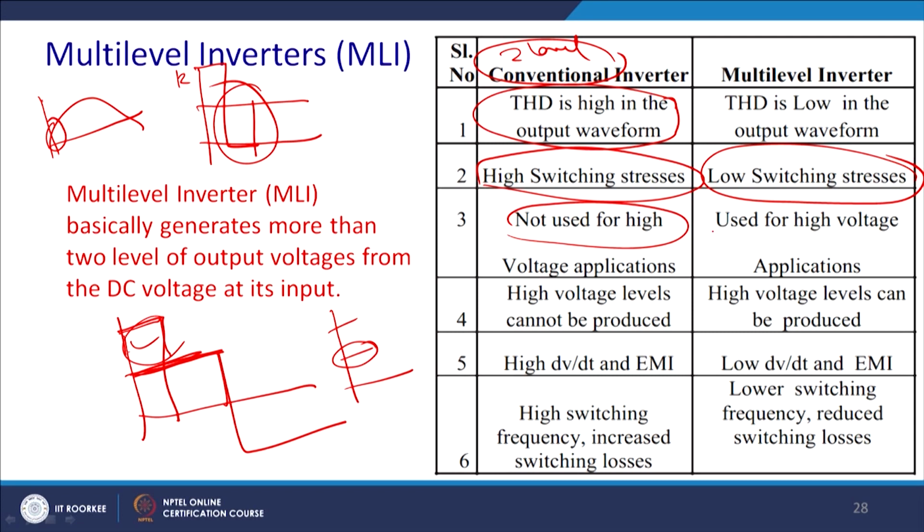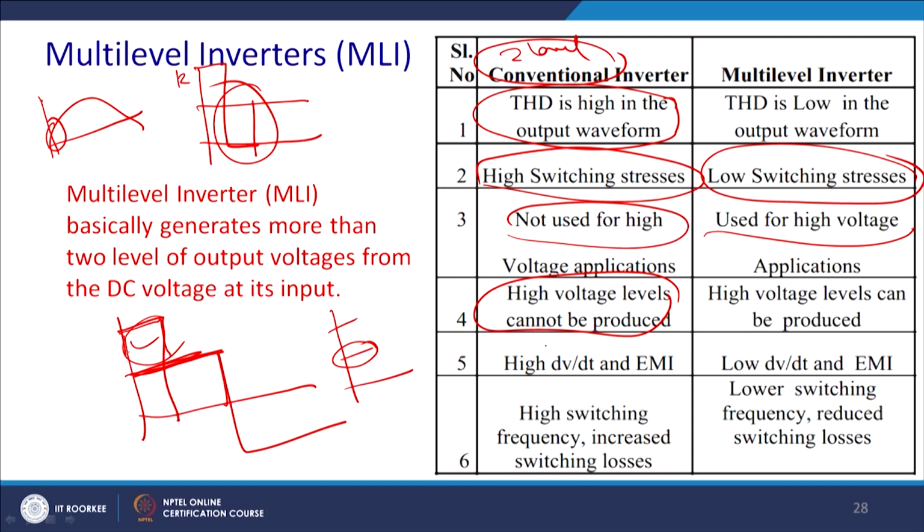But since the multi-level inverter can block higher voltages and the individual switching rating gets reduced, it can be used for higher voltage rating applications. High voltage levels, like we require maybe for the HVDC link, where there is a rectification and somewhere there is an inversion operation, you cannot achieve with a 2 level inverter.